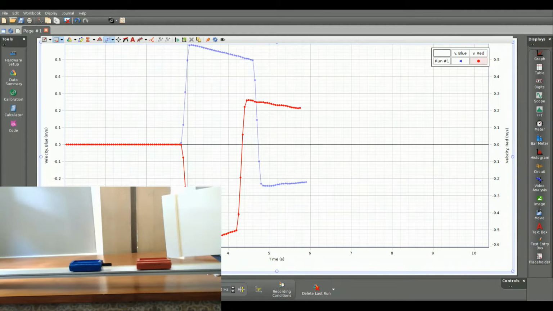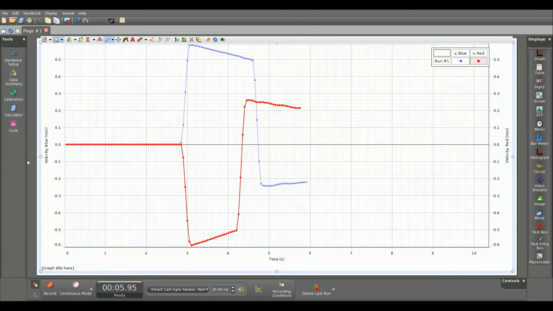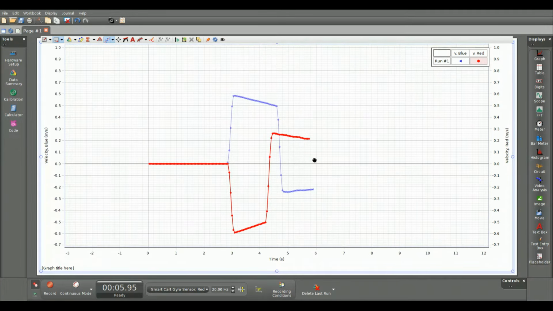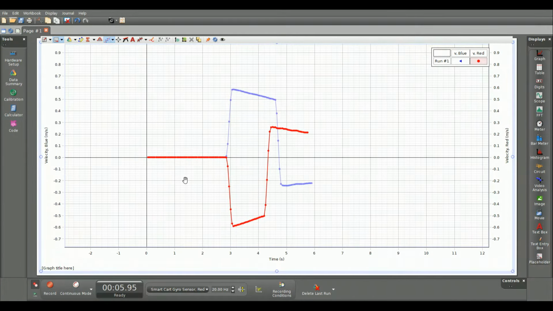So what happens now? First of all, let me get back to an image with just Capstone. There we go. In this image, this is where they're sitting still in the middle of the track, not moving.